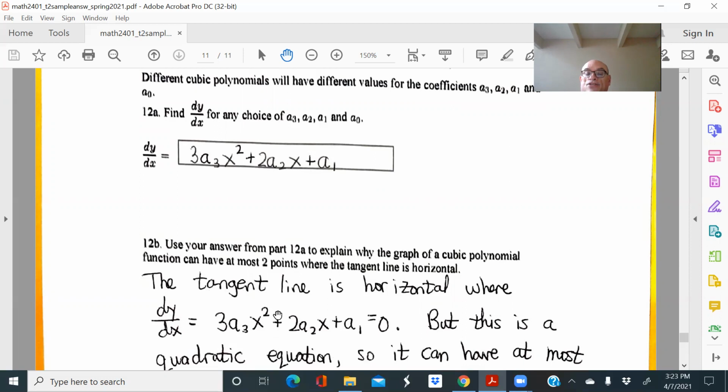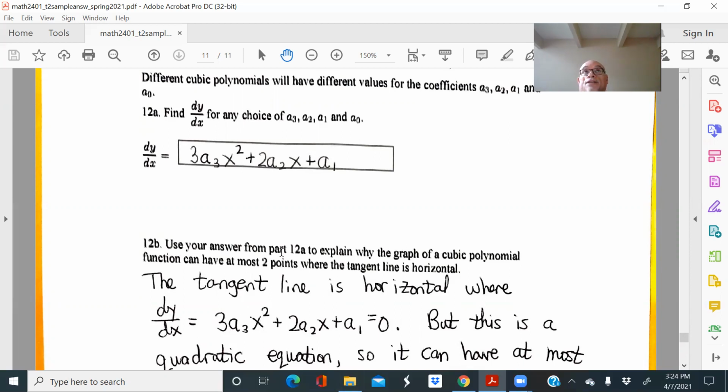It has x squared in it, right? And remember, when you solve quadratic equations, you can have at most 2 solutions. So if quadratic equations can only have 2 solutions, that means cubic polynomials can only have 2 places where the tangent line is horizontal.